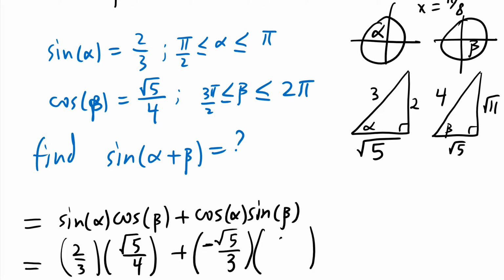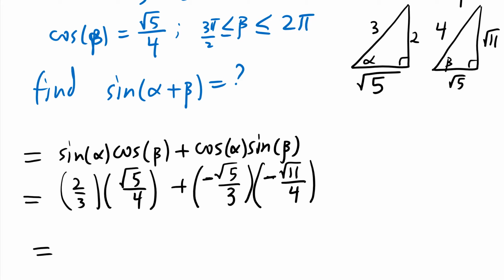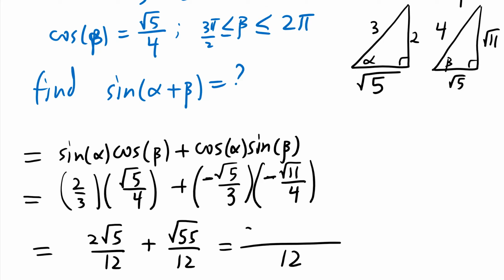Sine beta is the opposite over the hypotenuse, and it's in the fourth quadrant, so that should also be negative. Two square root of 5 over 12 plus square root of 55 over 12. The LCD is 12. 2 square root of 5 plus square root of 55.